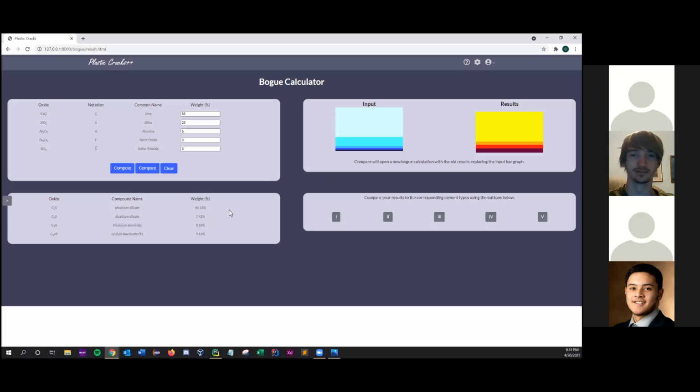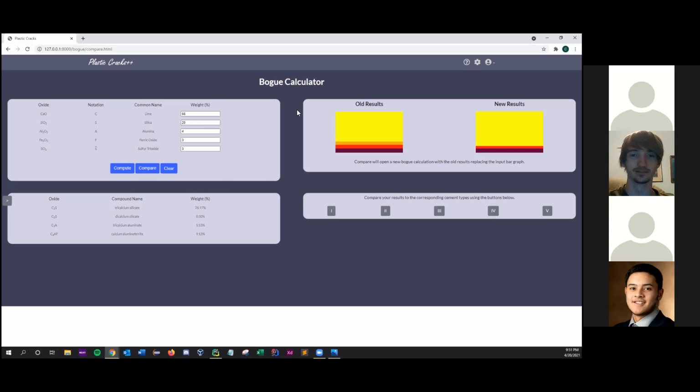Now if we change these inputs slightly, so increase the lime by 1 and decrease the alumina by 1, and hit compare, the old bar for the results goes to the left, and now we have the results for the calculations we just did on the right side. So we can visually compare and contrast the two. We can see that this one has 0 dicalcium silicate, and visually we can see that it has no orange bar.